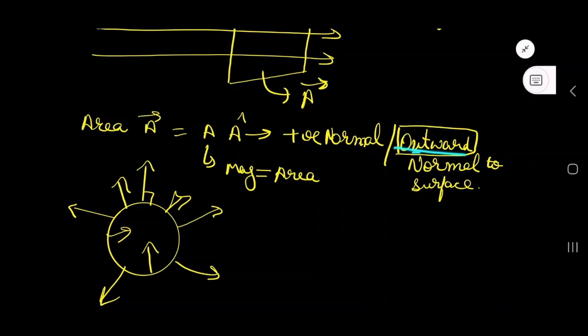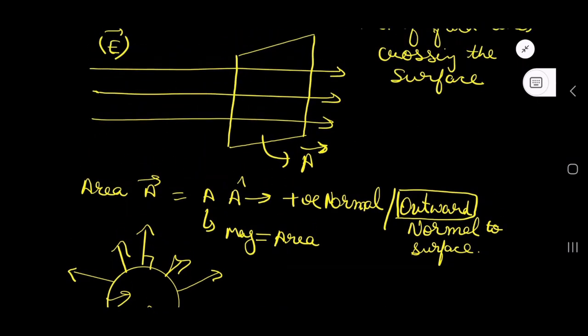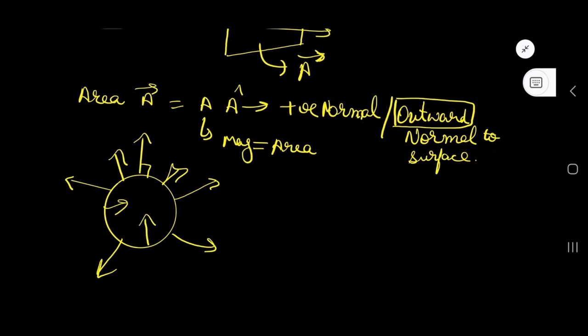So this is one of the important points, and it will help in numerical questions, right? So keep it in mind. Now I hope you are clear with this area vector, and I can say that this area vector is a vector quantity over here.